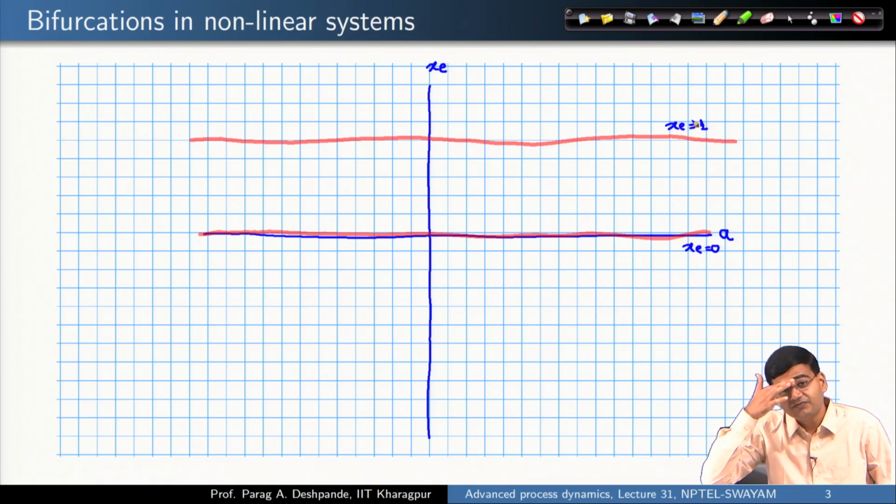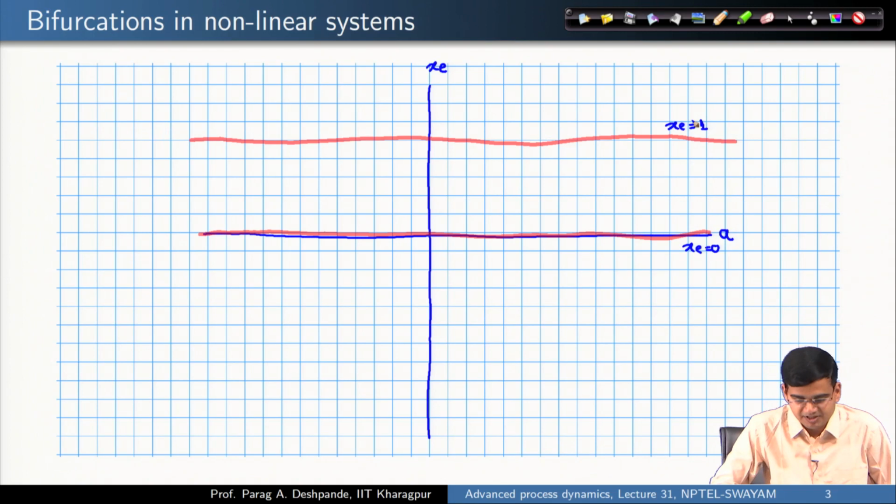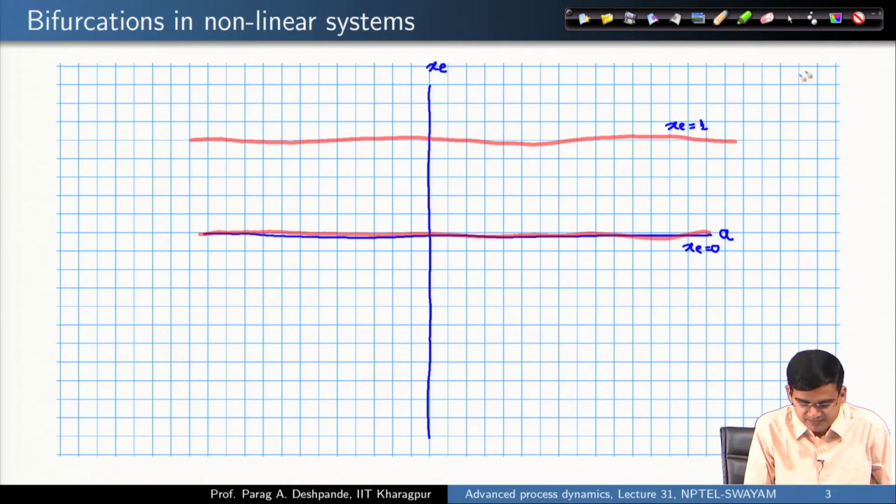Now, the question in front of me is on what parts of this diagram is the system stable and where is the system unstable. To do that, I will need to look into the derivative conditions.